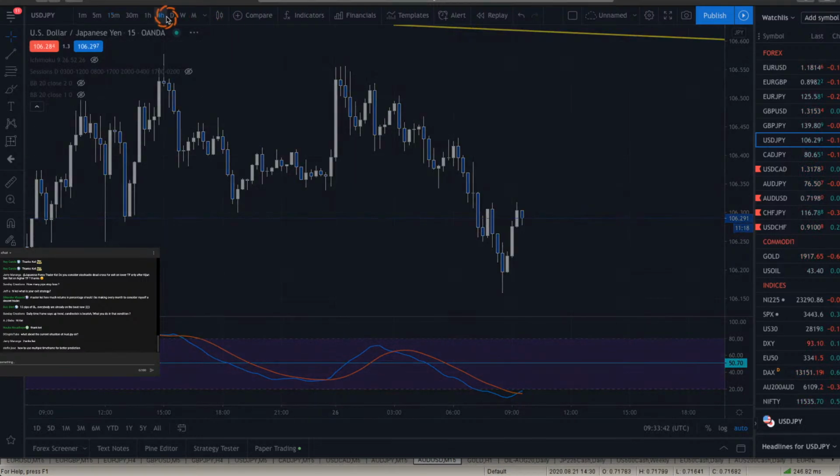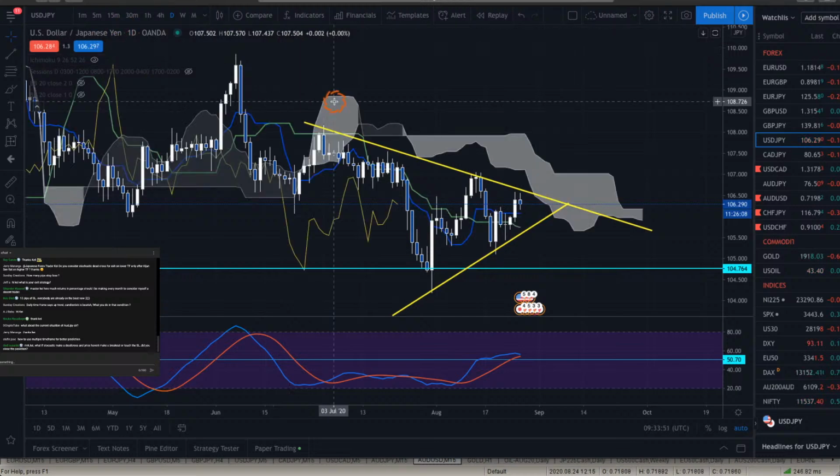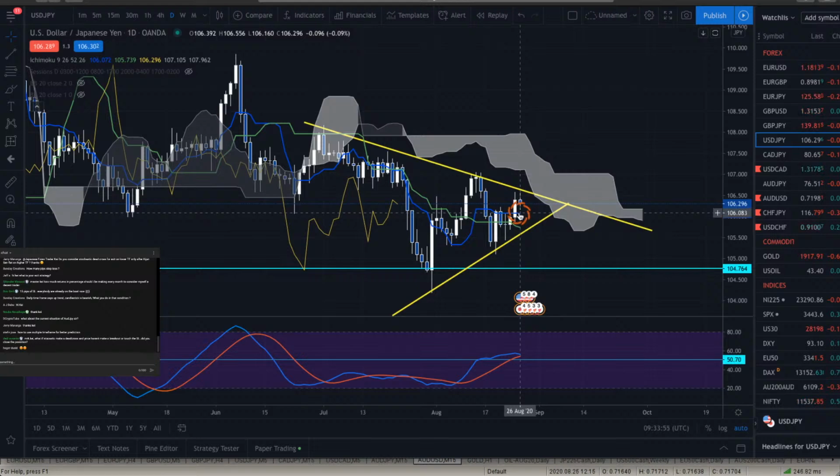I look at the daily chart always, and now I can see that this is a triangle range on the daily, and if I take the Ichimoku here, the price is in between Tenkan-sen and the Kumo here. So this is what I call the dead space. There is no direction in the market. When price is in between Kijun-sen and Kumo, there is no direction, so you better not take trades.